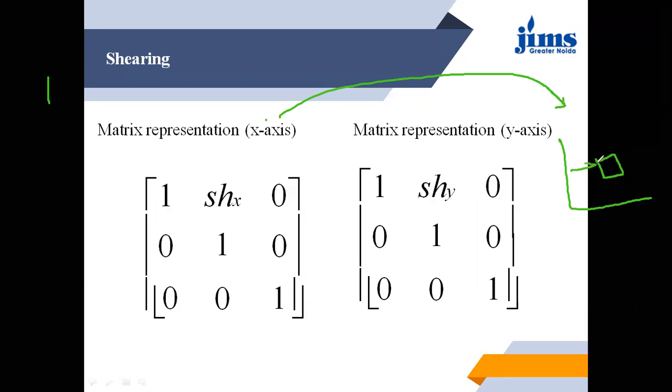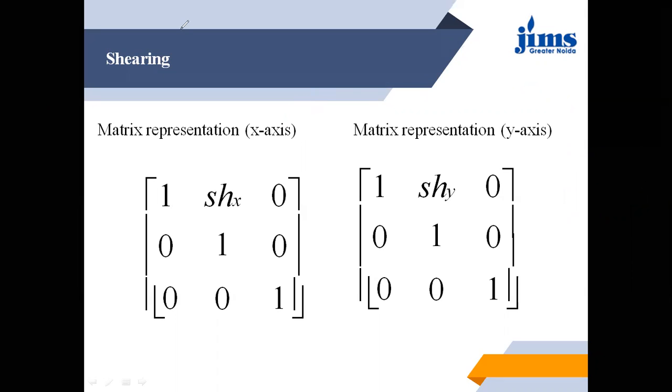We are going to press this, or we are going to put a pressure on the above corner, then the shape will be like this. Means it is going to be sheared. This is called shearing. So it is going to be sheared in x direction only. On y direction, the coordinates are the same.